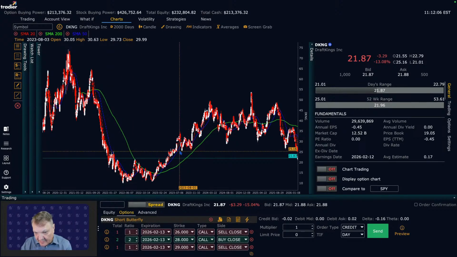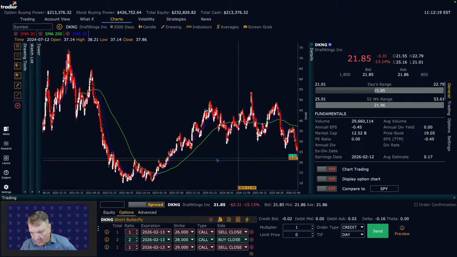But definitely you can see through this range a head and shoulders pattern. And now, boom, we're dropping to the downside, coming all the way down to about the 21 range. If we break through that, the next stopping point is all the way down here, around the 10 range. So right now, the chart does not look good in DraftKings.